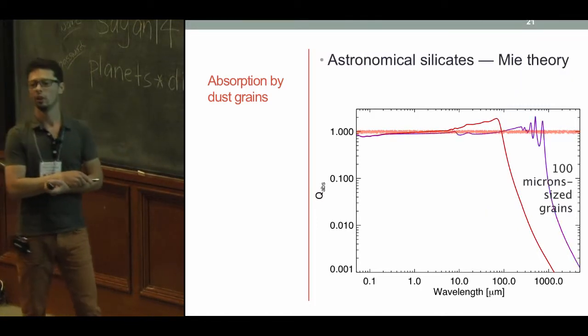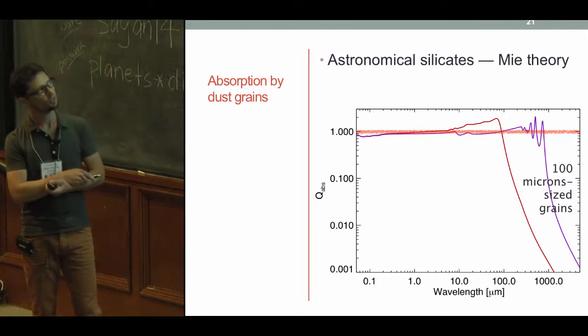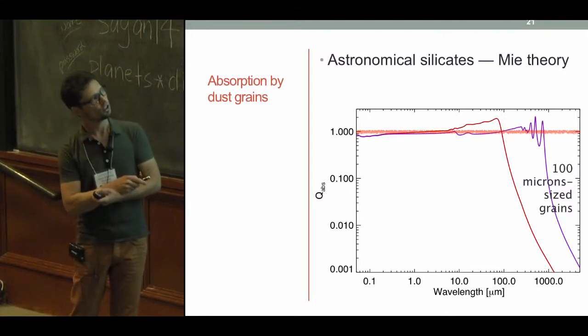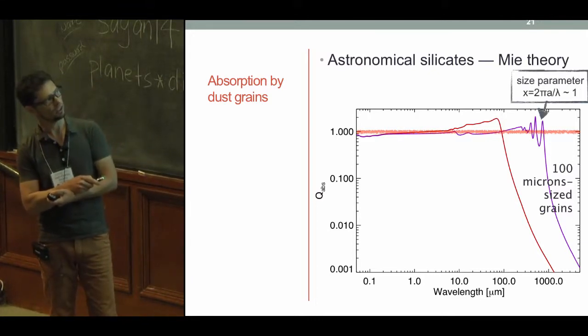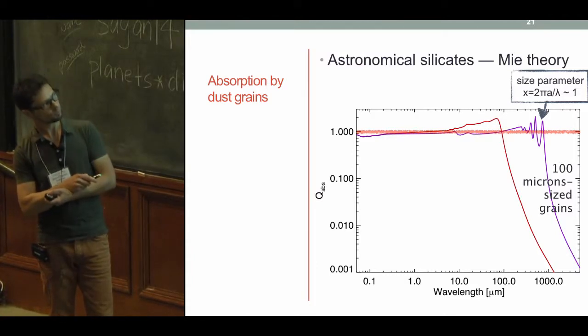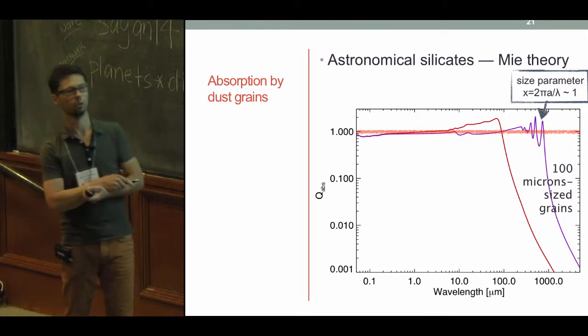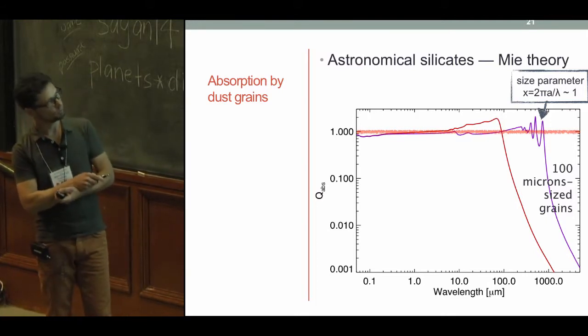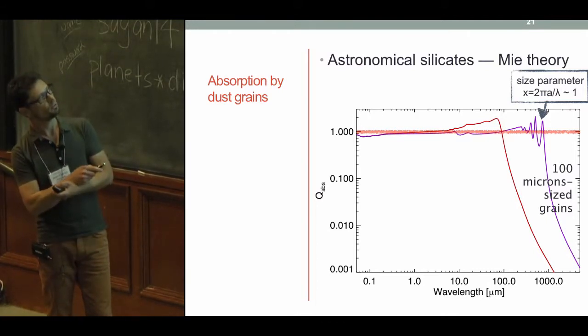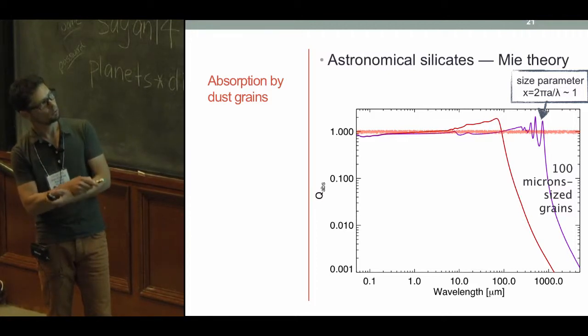If you take larger grains, you just shift this break by a factor of 10 relative to the 10 micron sized grains. And you see some diffraction pattern appearing here. Don't forget you deal with spherical grains. But basically, it essentially behaves like a Blackbody grain up to very large wavelengths.